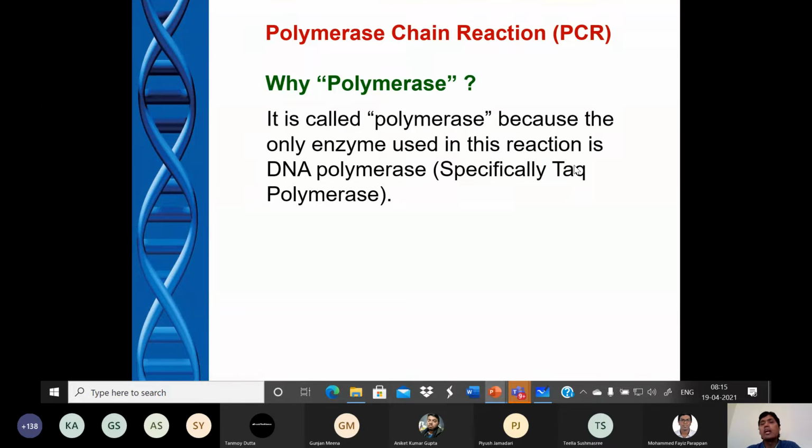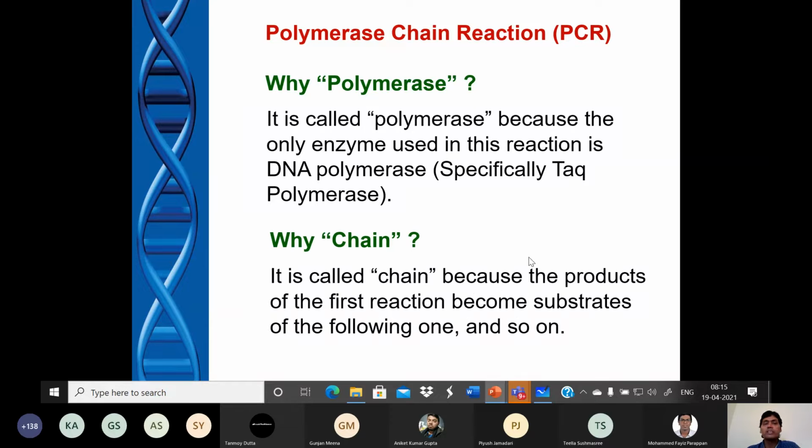I will explain what Taq polymerase is and why it is called Taq polymerase. The next point is why chain. It is called chain because the products of the first reaction become the substrates of the following one, and so on. So this is just like a chain reaction.